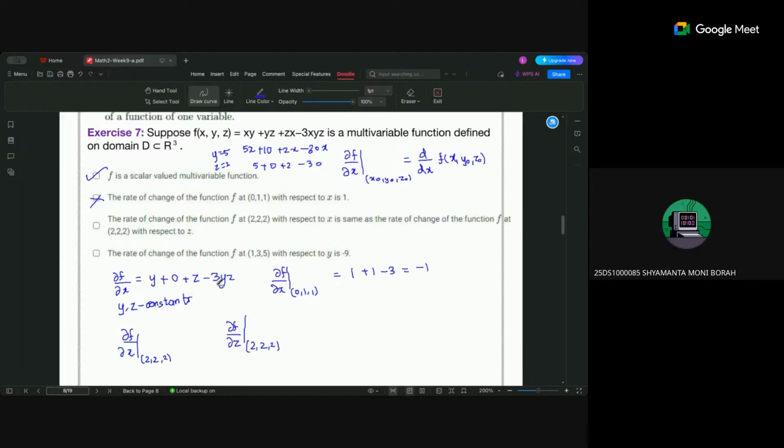Ma'am, what I wanted to understand is that you have already put x as 1, right? I did not take x as 1, no. I did not do that. I am differentiating this entire function with respect to x, considering this y and z as numbers.